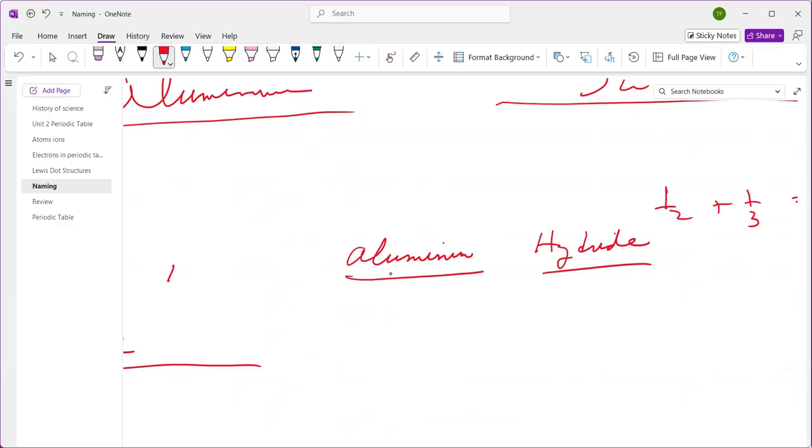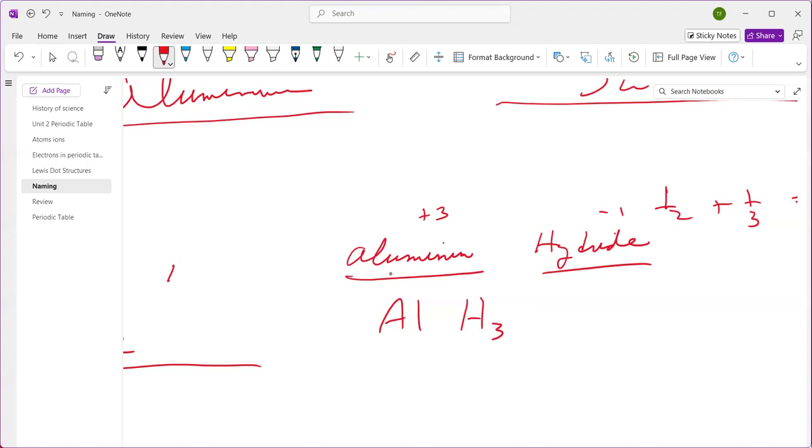Okay, aluminum's +3. Hydride's -1. So that's ionic. So the formula for that's going to be AlH3. So until we get to acids and bases, H is going to be negative, and it's going to be called hydride.